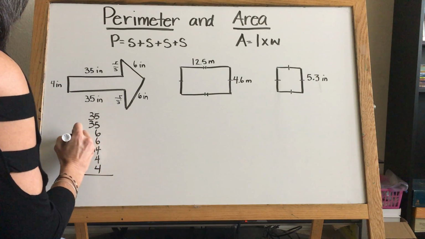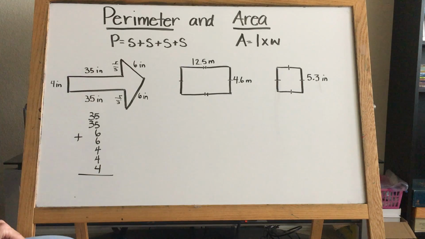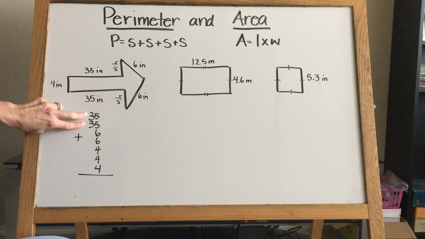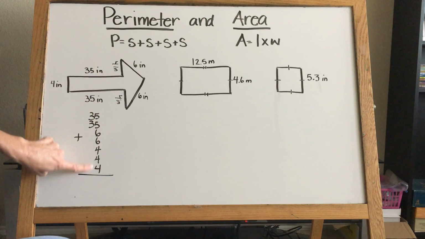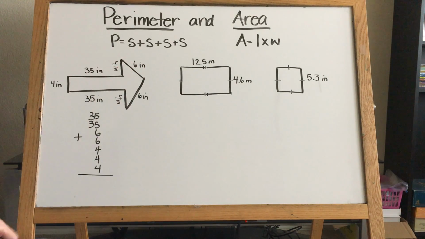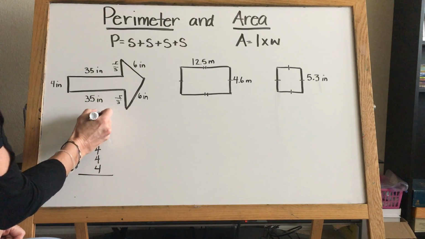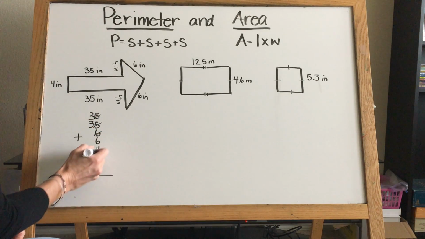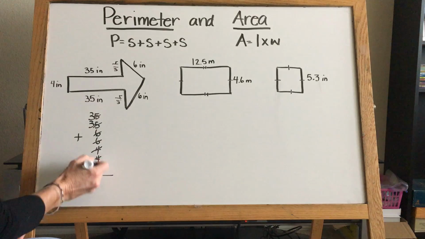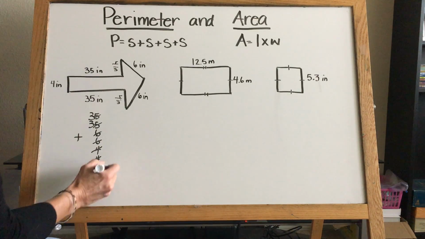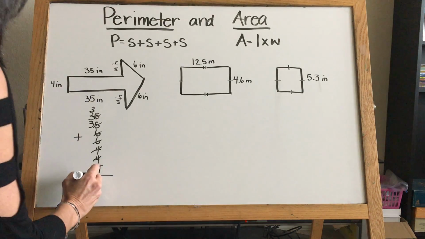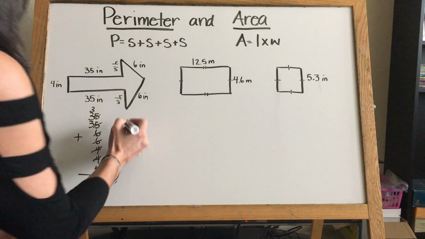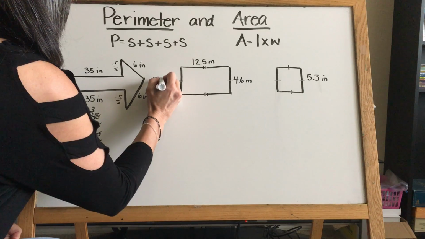So we've got 35 and 35 right here, we've got our 4 and our 4, and we've got our 6 and our 6. If we're looking for tens, we've got 10, 20, 30, plus 4 is 34, carry our 3, and then 3, 6, 9 is 9. So the perimeter of this would be 94 inches.